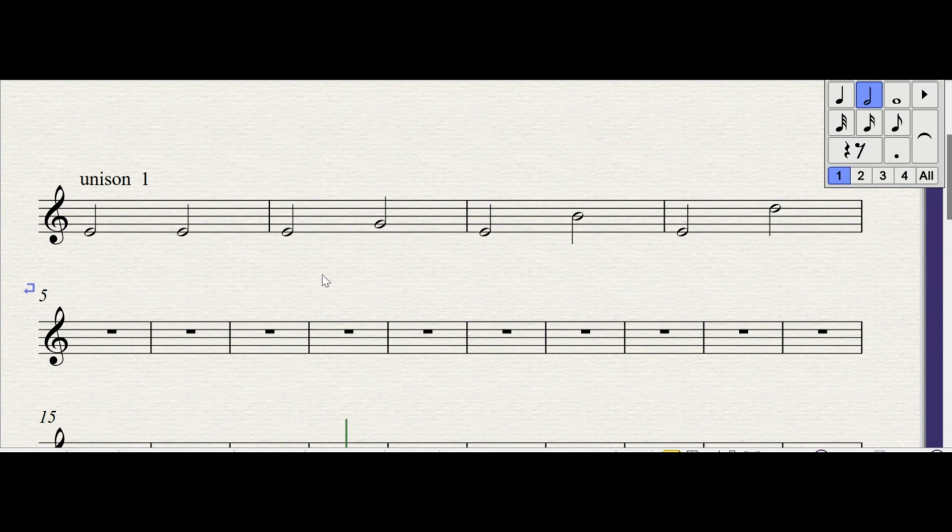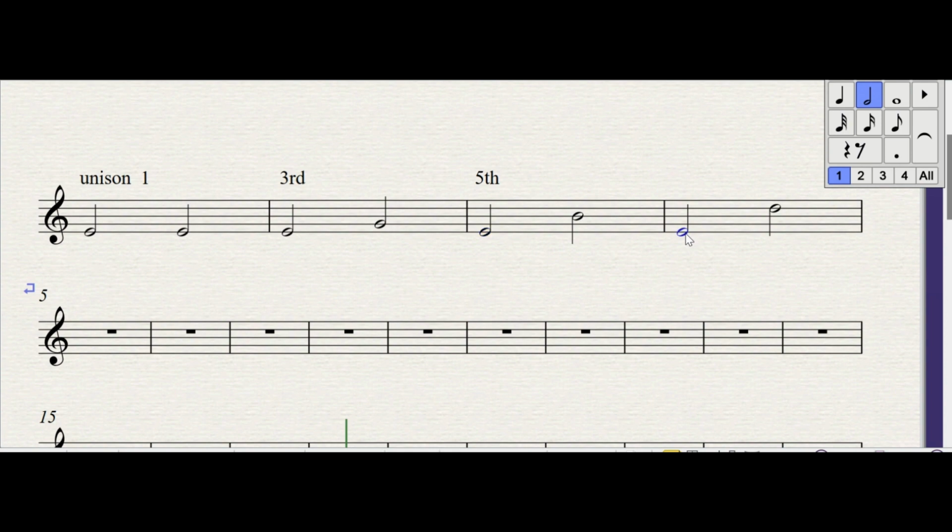From line to the next line here, that's an interval of a third. 1, line, space 2, line 3. Here, this is an interval of a fifth. If you check 1, space 2, next line 3, space 4, line 5. So that's an interval of a fifth.